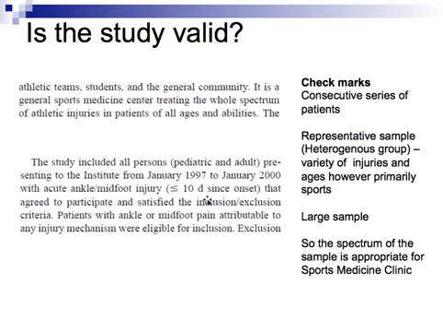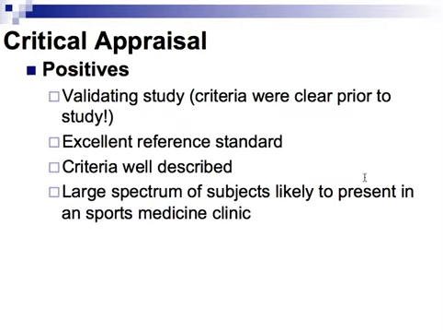So the only inclusion criteria was having an ankle injury within 10 days. So again, we have a consecutive series of patients, a representative sample, a heterogeneous group, a variety of injuries, a large sample, but now the spectrum is sports medicine, and the criteria is developed. So this is a good example of a validating cohort study.